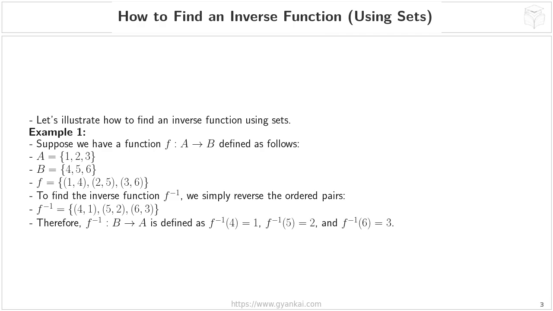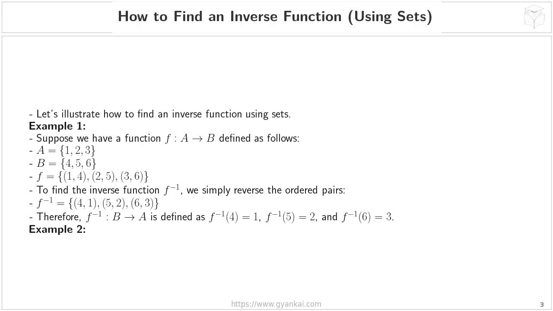Notice how the domain and codomain have switched. F inverse maps from set B to set A. We can write this as f inverse of 4 equals 1, f inverse of 5 equals 2, and f inverse of 6 equals 3. This confirms that f inverse truly reverses the action of f.